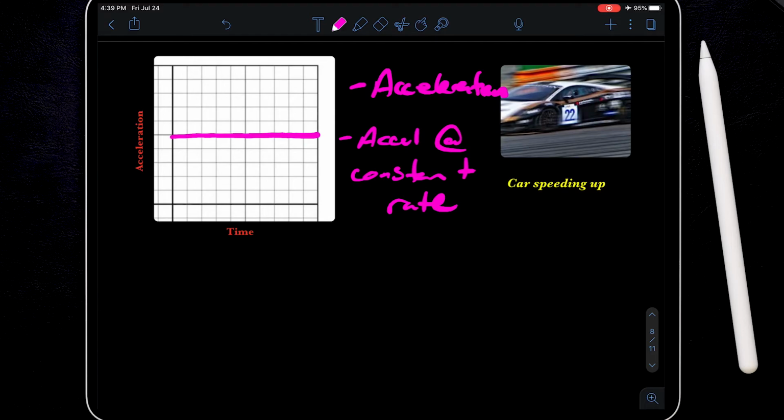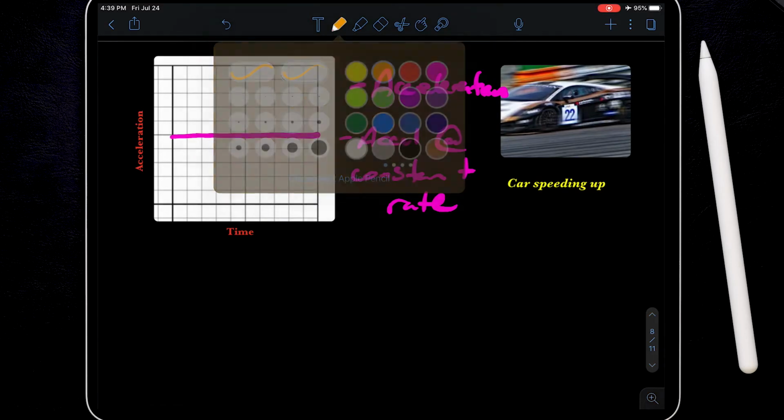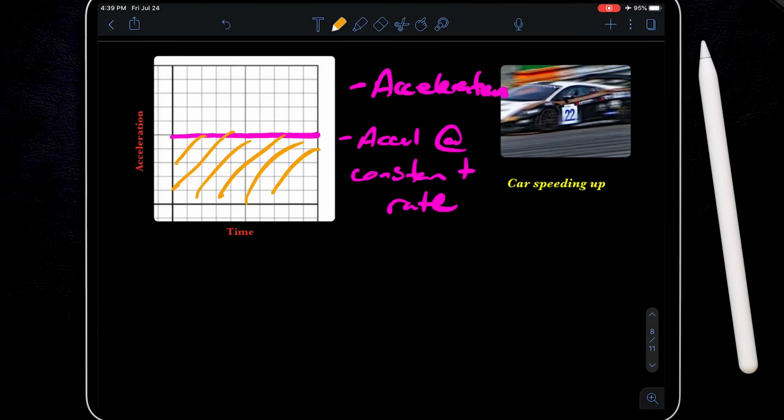Now, there is some information that you can pull out of this. Okay, so if we take this area underneath here, and we know that's a rectangle, the area is going to be equal to length times width. Our length is time, our width is acceleration. We'll say time times acceleration.